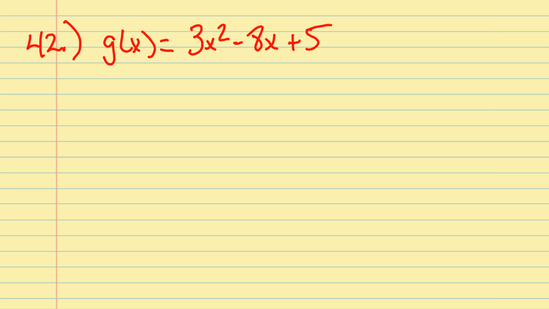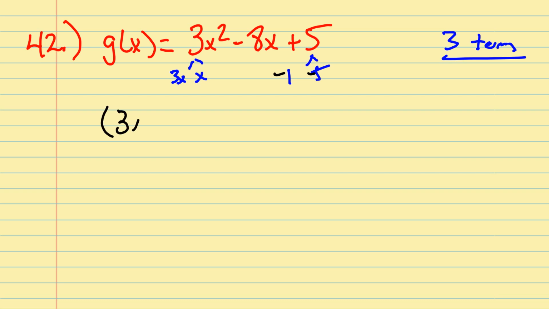Alright, so 42 is g of x equals 3x squared minus 8x plus 5. It's got 3 terms. There's nothing in common. So the first thing I do is I say, how do I get 3x squared? 3x and x. How do I get 5? 1 and 5. I know they're both going to be negative, because the middle sign is negative and the last sign is positive.